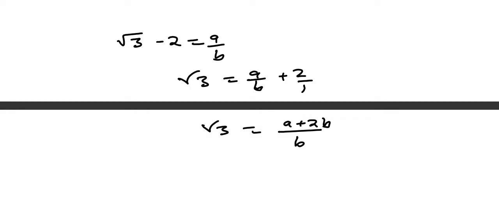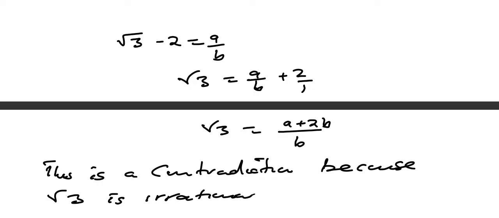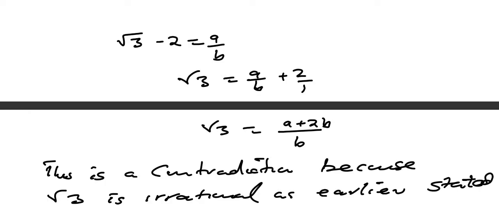You notice that this is a contradiction, because root 3 is irrational as earlier stated. They already told us that this is irrational, meaning it cannot be put in fraction form.